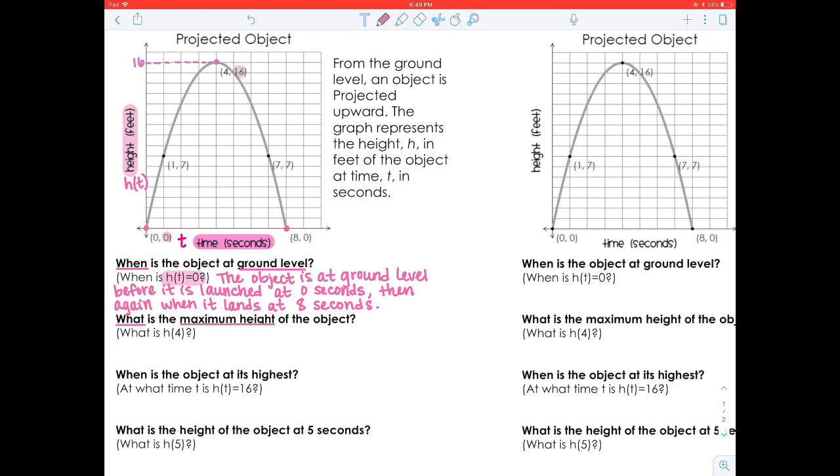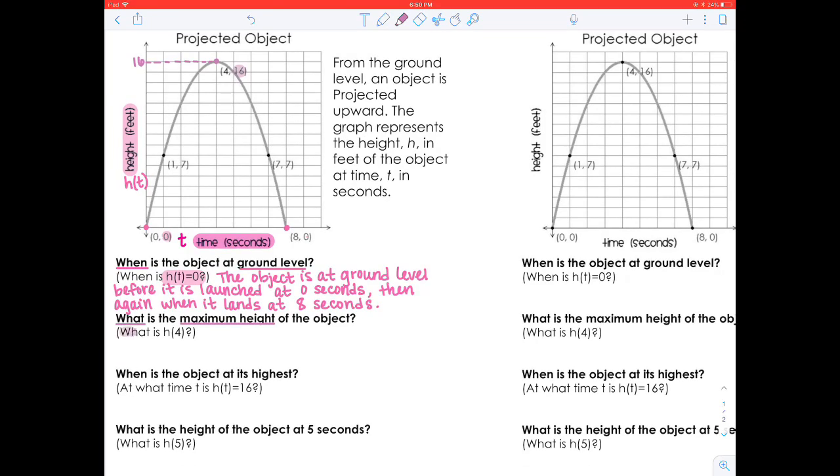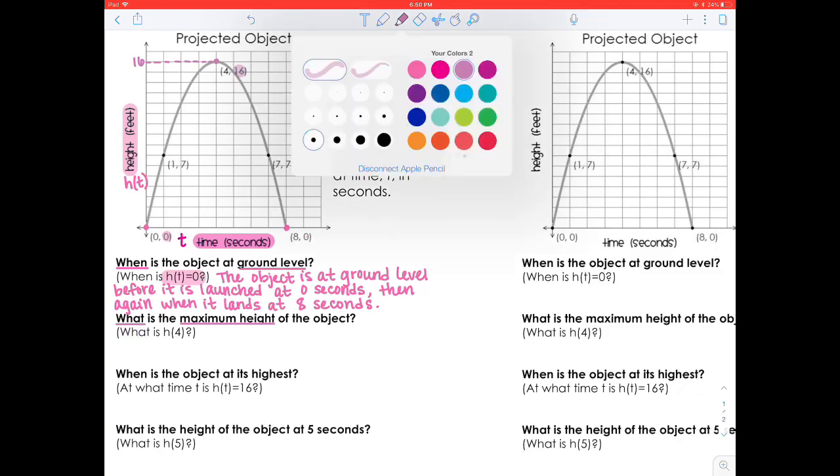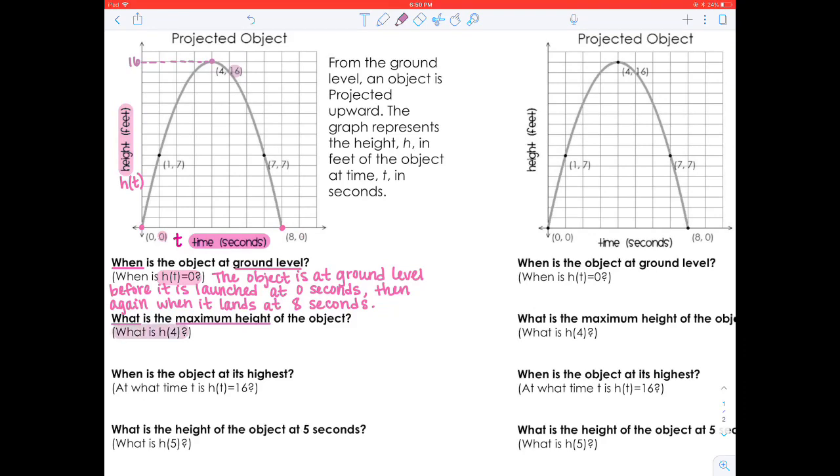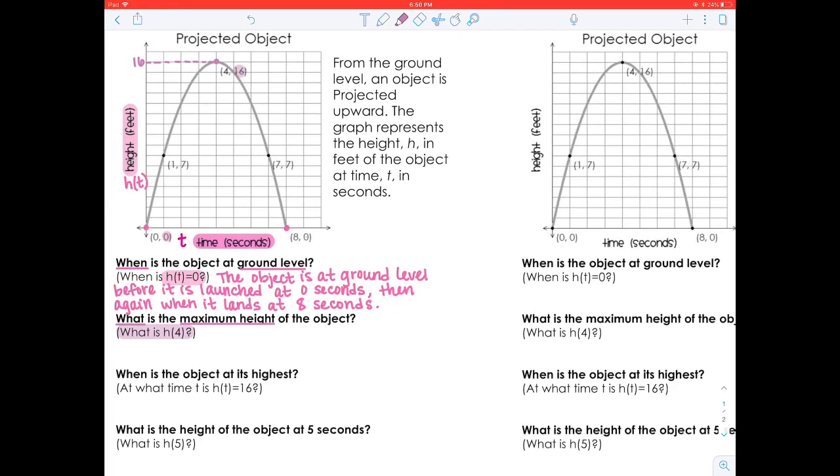Another way of asking this in function notation, if you look at that coordinate, the x value that goes with it is 4. So in other words, it's also asking what is h of 4? Anytime you have that, the t has been replaced with 4. So it's asking when time is 4, what's the height there?